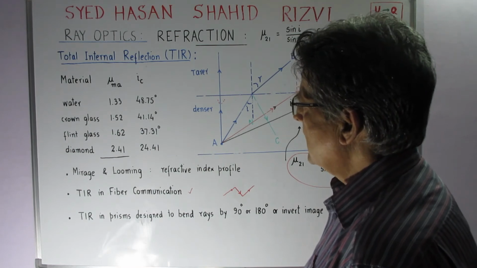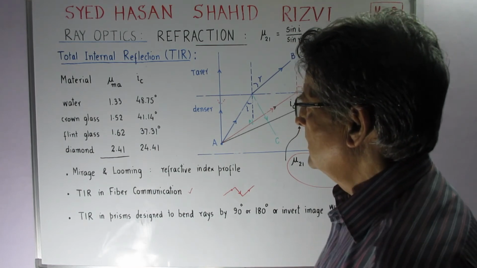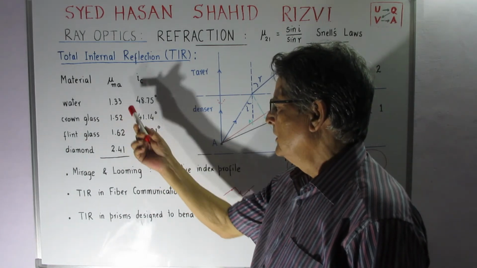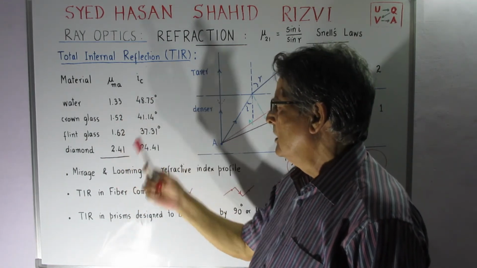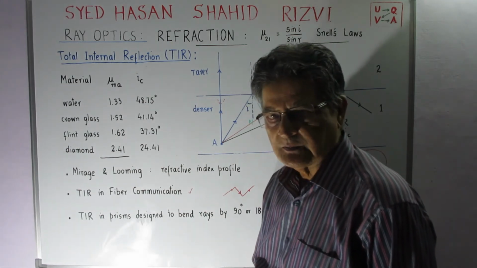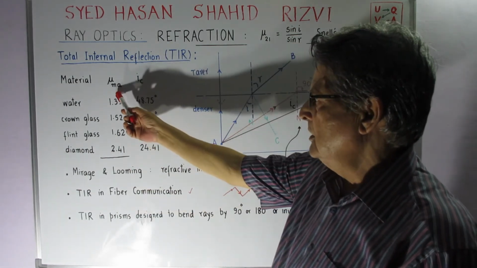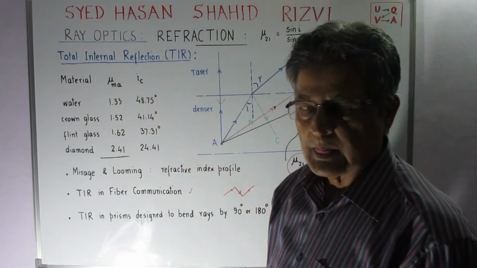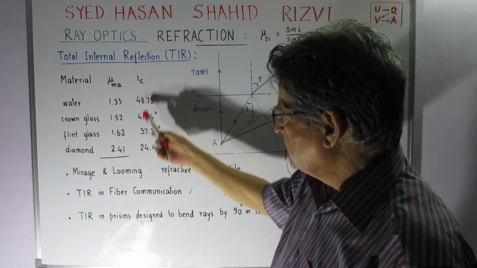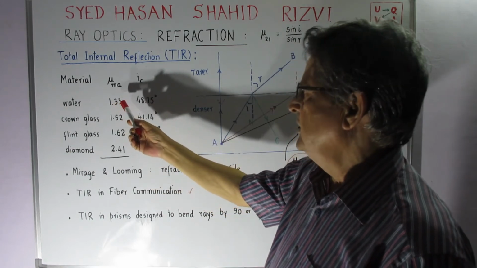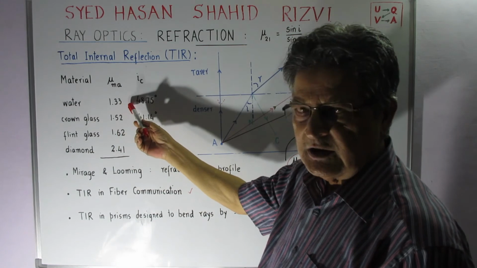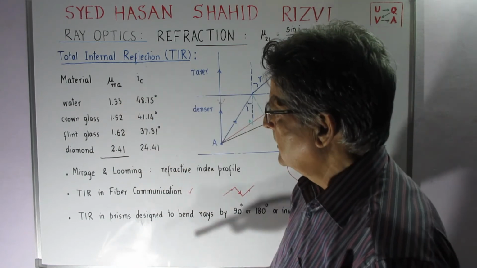Now, just to enumerate, I am giving you the various values of the refractive index mu of the material with respect to air and the corresponding iC values. You can see that for water it's 1.33, or 4/3.